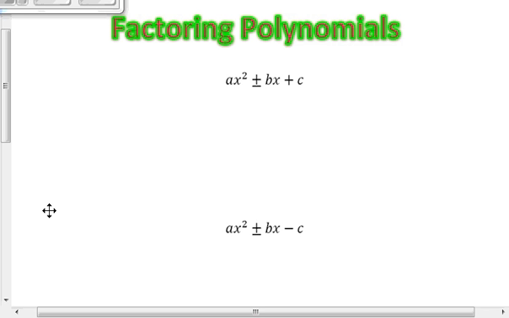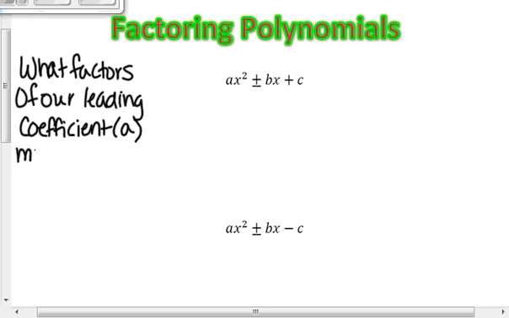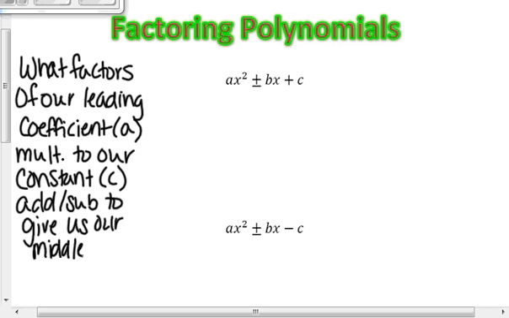When we factor, we're basically looking to see what factors of our leading coefficient, which was A, multiplied to our constant C, add or subtract to give us our middle term, which is B.